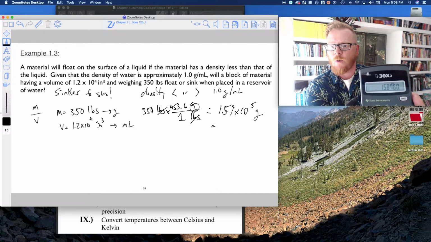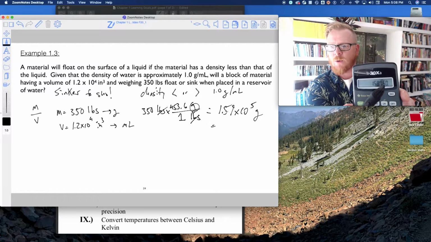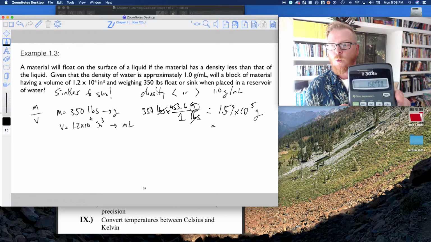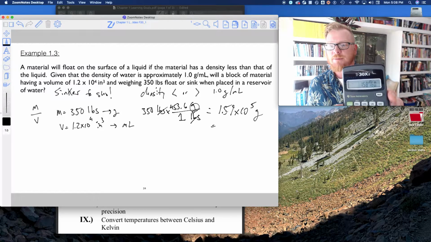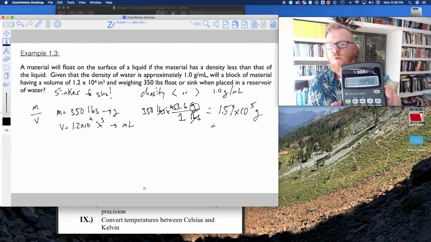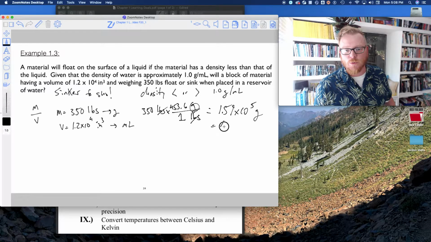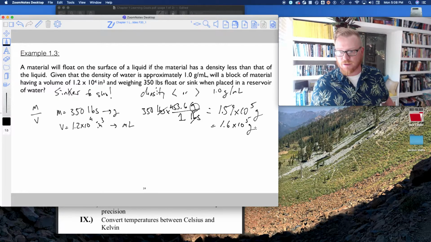Okay, so if I'm estimating, then I go 1, 2, 3, 4, 5. So 1.58760 times 10 to the 5th. I made it 1.59 with 3 sig figs, but you can see really with the 2 sig figs, it's only going to be 1.6 times 10 to the 5th grams.